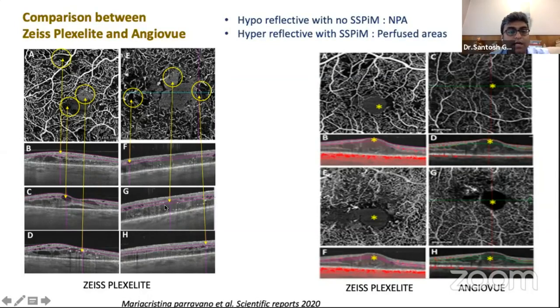These cystic spaces are hyperreflective, so they say these have the suspended scattering particles in motion, the SSPIM. When there is capillary dropout in normal retina, it means that there is a capillary non-perfusion. But when it passes through the areas of cystic spaces, it doesn't mean that there's a non-perfusion. It just means that there is SSPIM. And when they compared Zeiss Plex Elite with AngioVue, they found that Zeiss Plex Elite is more sensitive in detecting this SSPIM when compared to AngioVue.